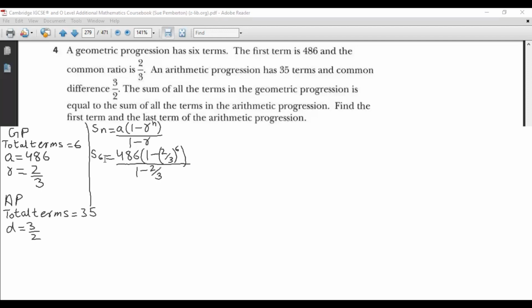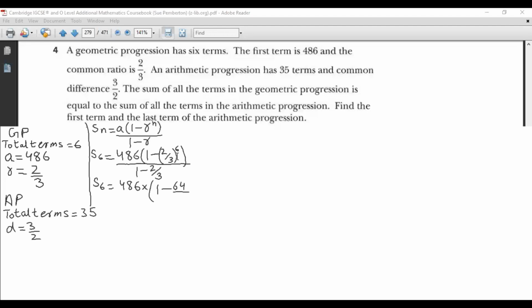Okay. So when I will simplify it, S6 equals to 486 into 1 minus, okay, so 2 to the power 6 will be 64 over. Then 6 will be applied on 3 also.